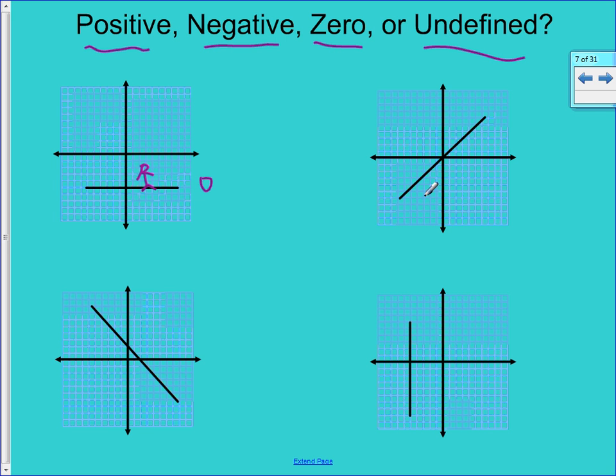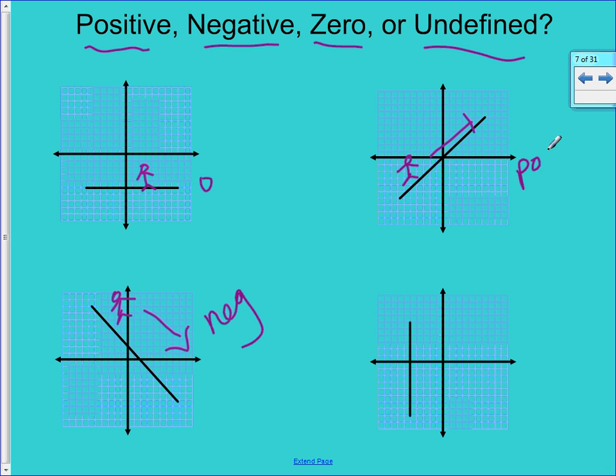Is this positive, negative, undefined? Positive. If I had a little man climbing up, he's going up, right? Up is positive. What if I had a little man here? Which way is he going? Down, so he's going negative. What if I had a little man trying to stand? He's falling down. Okay, this is undefined.